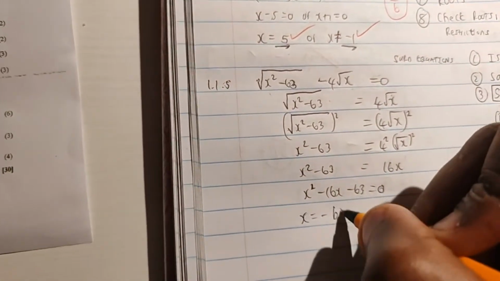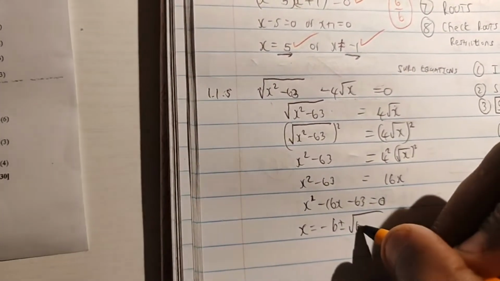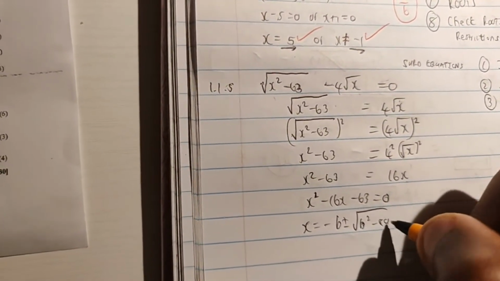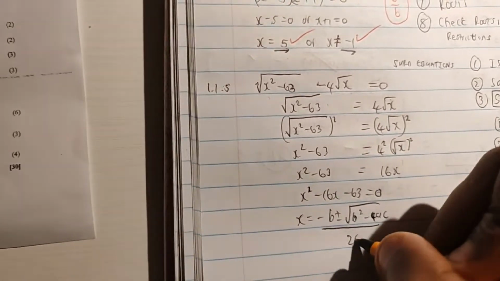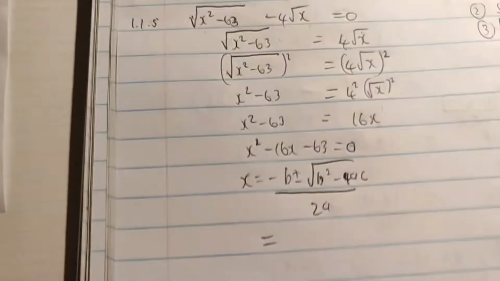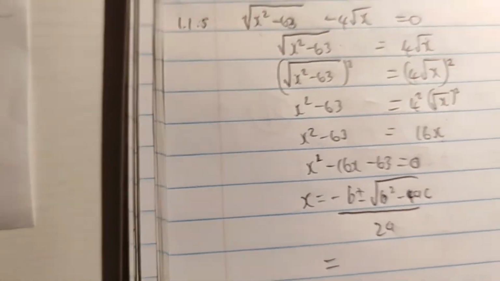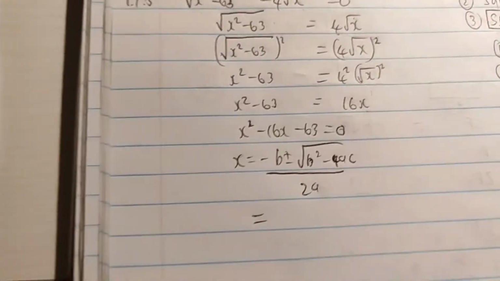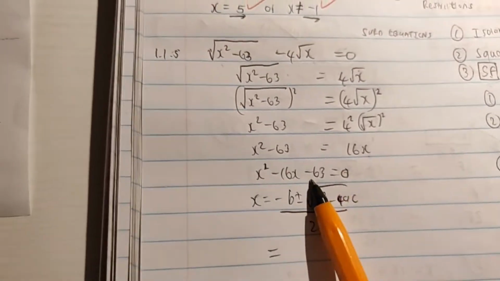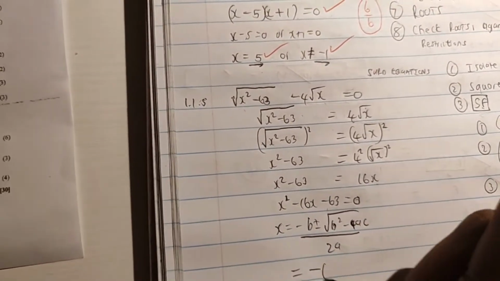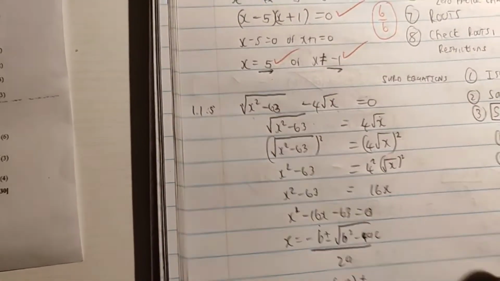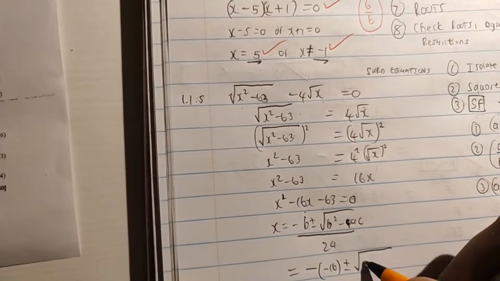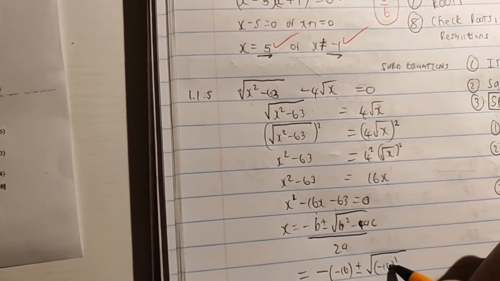X is equal to minus b plus minus the square root of b squared minus 4ac, over 2a. The quadratic formula should be in your mind and heart. It should be flowing in your blood. So negative, the b is negative 16, plus minus the square root of b squared, negative 16 squared in brackets.